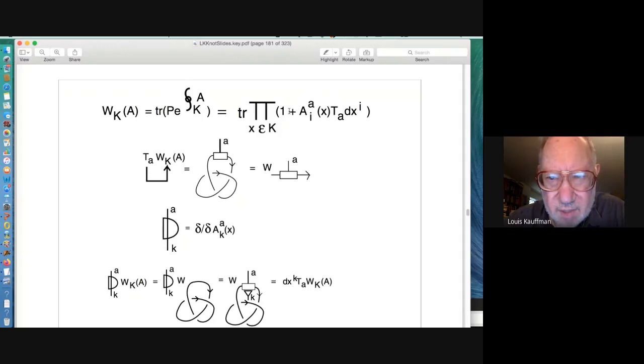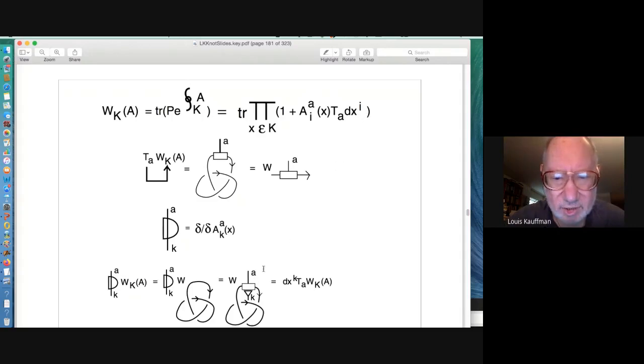So this entity in parentheses gets replaced by just T^A dx^i. And all the rest of the Wilson loop remains exactly the same. That's the yoga of differentiating with respect to the gauge. And so it is an insertion of a matrix into the Wilson loop.